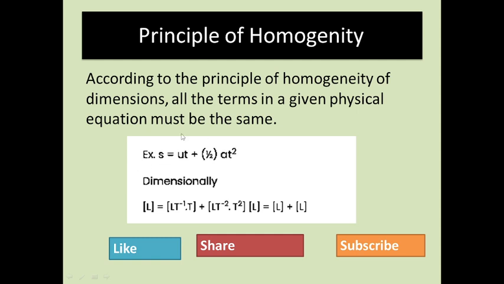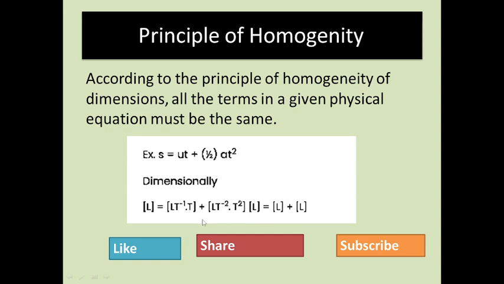If we take the equation of motion, s equals ut plus half at square, and calculate separately the dimensions of all these 3 terms, s, ut and half at square, they must have the same dimensions. s is distance, length L. u into t is velocity into time, L T to the power minus 1 into T, and half at square is acceleration into time square.